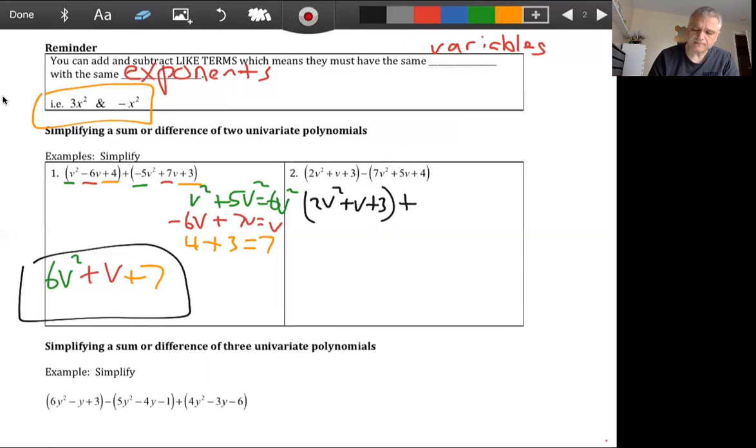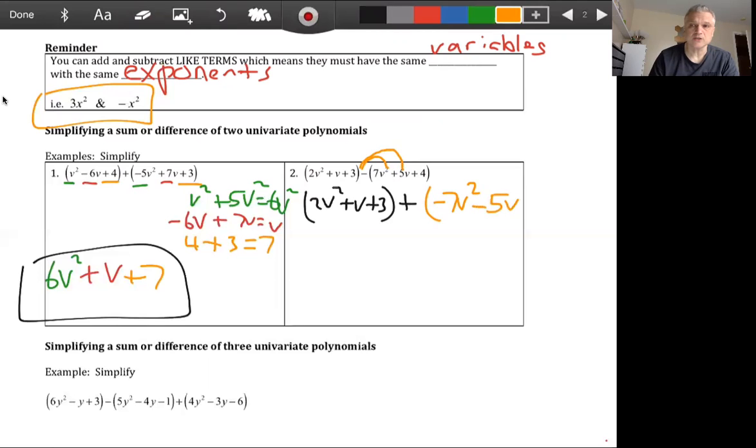So when we do that, let's take it one at a time. Negative 1 times 7v squared is negative 7v squared. Negative 1 times positive 5v is minus 5v.